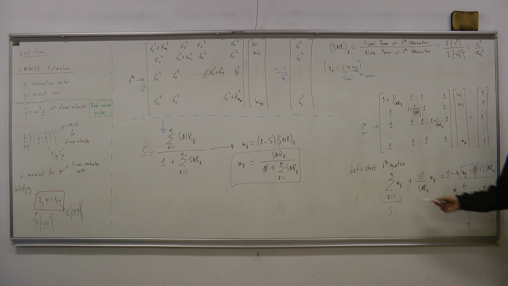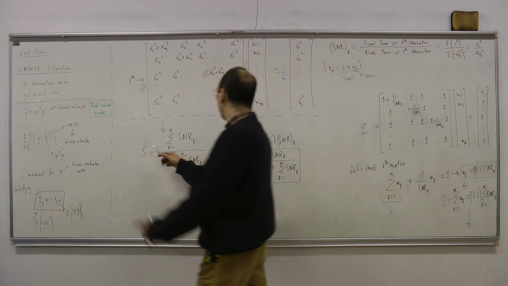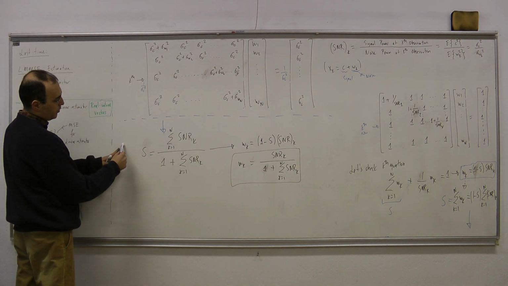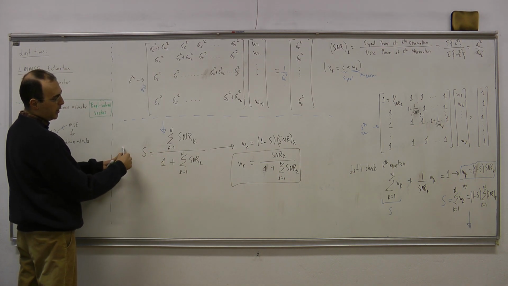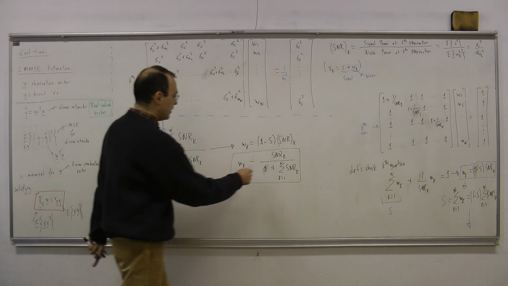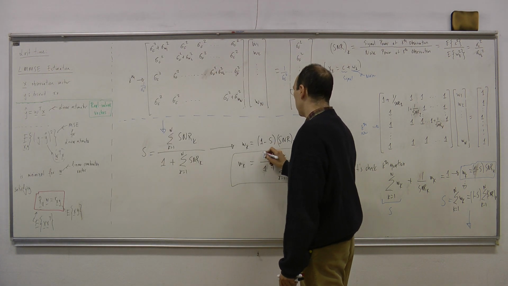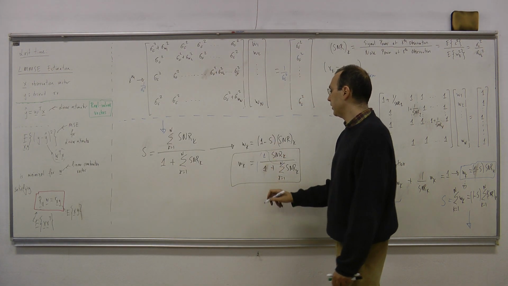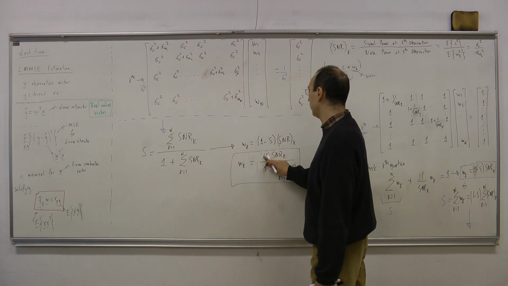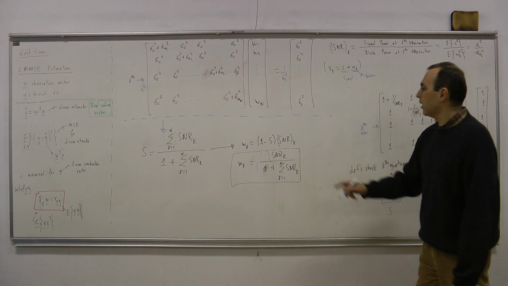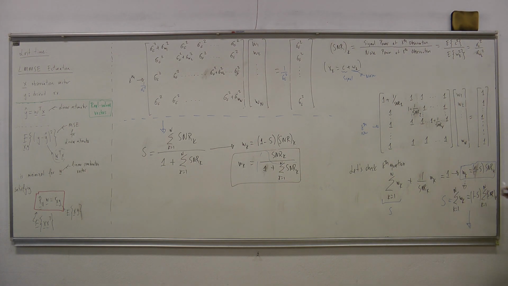Then I use the definition of the S and solve for S. Okay. So I'm just hunting for S, as you see with this step. Then once I find this S value, 1 minus S, if you multiply this by minus 1 and add 1, as you see that 1 minus S is this 1 times this. This is 1 minus S, this part, but let me erase this. Times SNR K will be the kth weight.